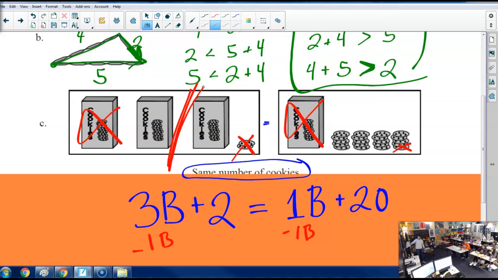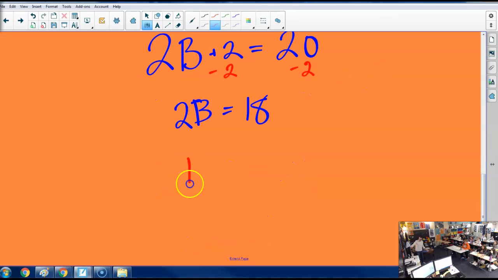Yeah, come over here and split this in half. How many would be half of 18? 9, right? So 1B is 9.